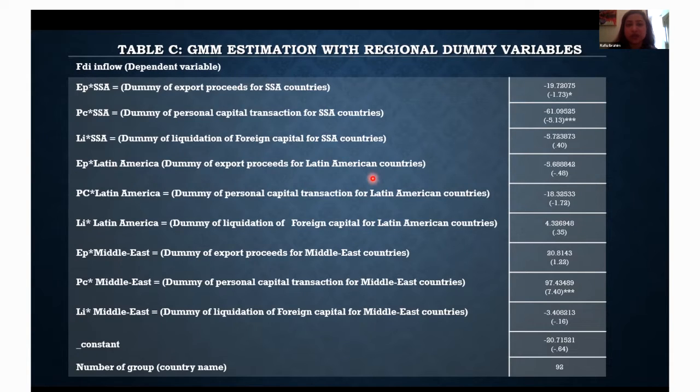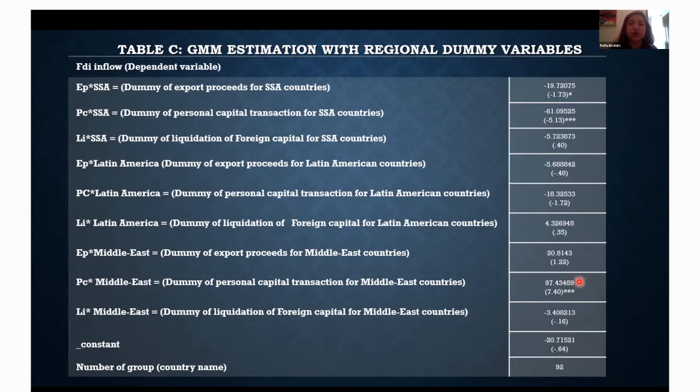For instance, the Sub-Saharan African countries are experiencing a negative relation with capital controls. So capital control will actually reduce their foreign investment, which will subsequently mean a 20% decrease in the flow of foreign investment. However, the capital control variable for the Middle Eastern countries is positively related.